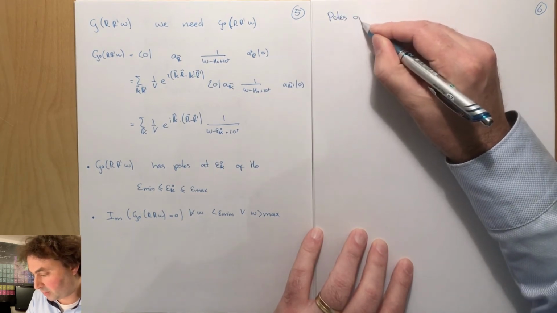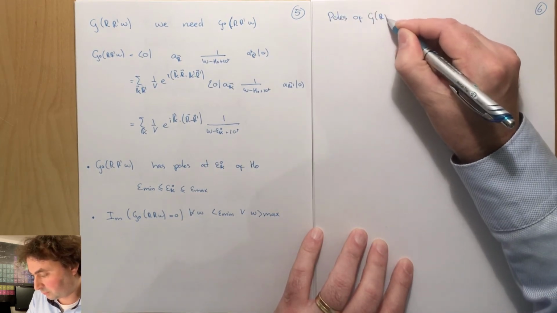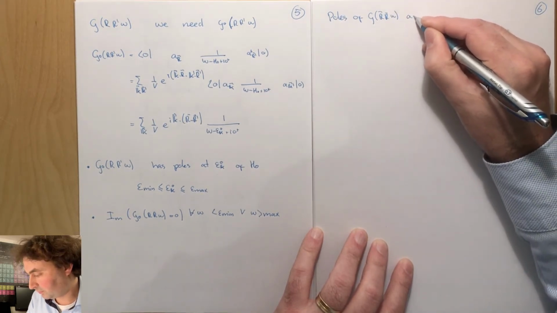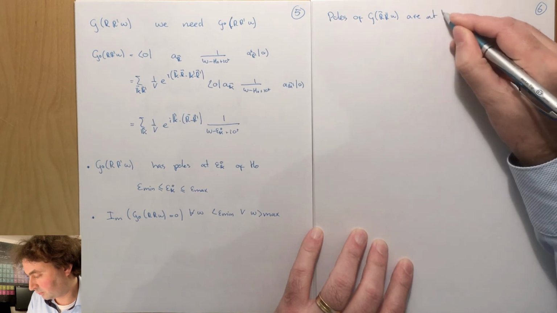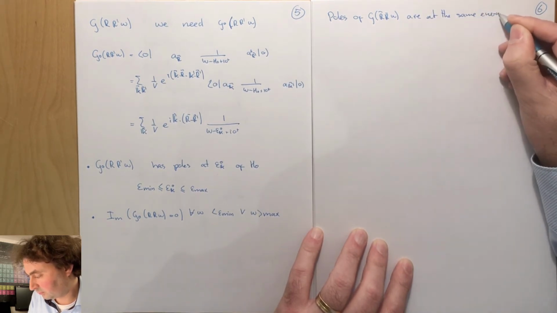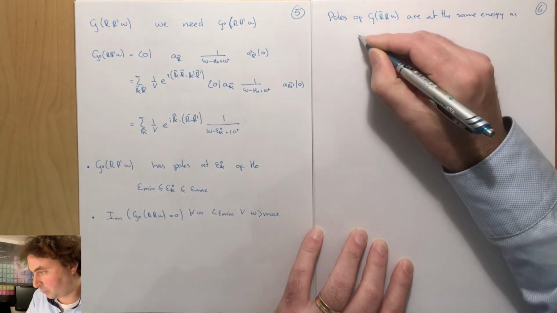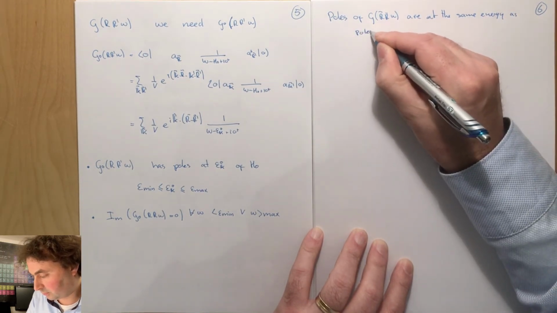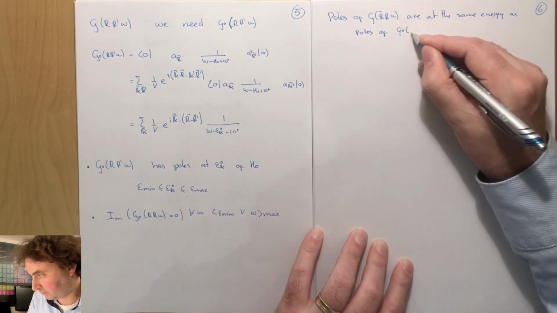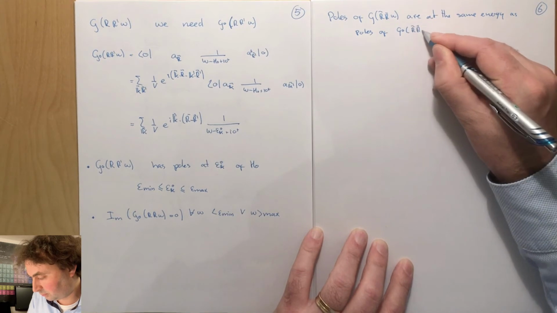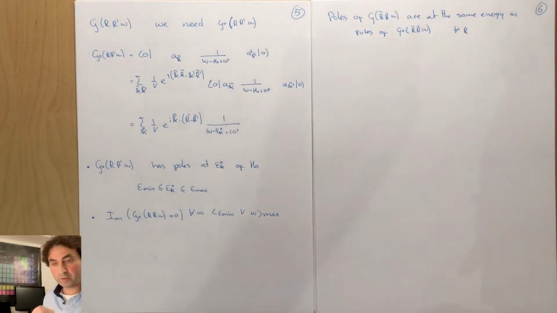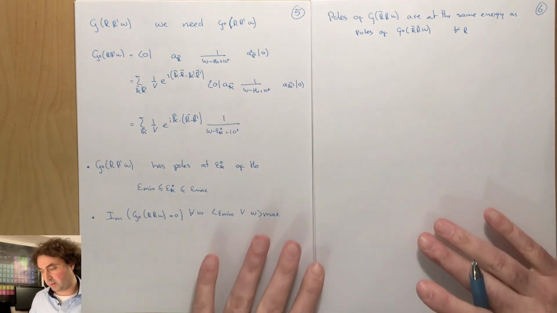my full Green's function are the same as the poles of my bare Green's function, for all sites where I measure the local densities of states.